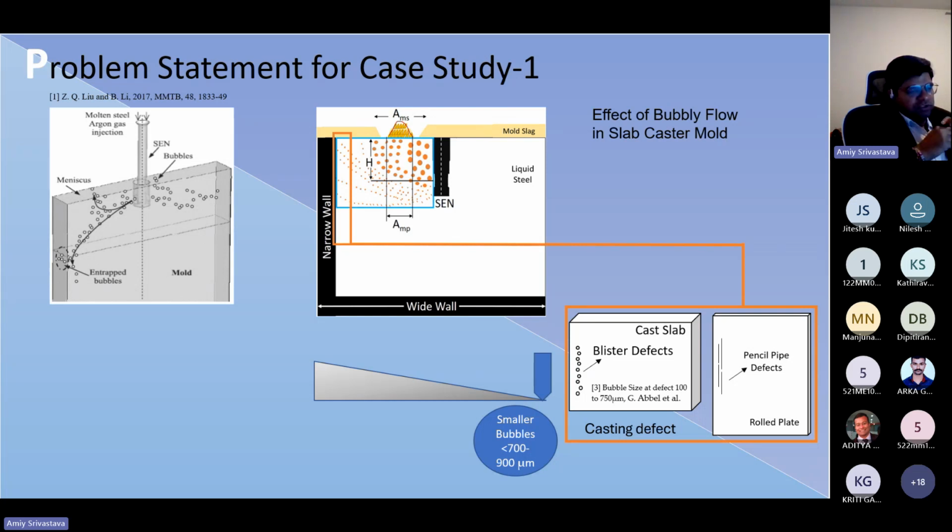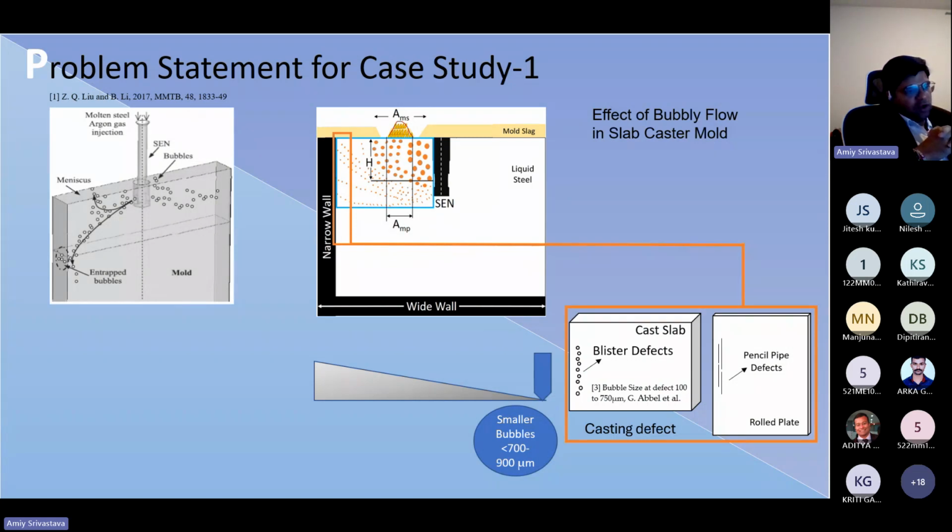Because of the inclusions, over the prolonged time of the casting operation, and these days we want to produce a sequence length of 17 or 18 heats, and maybe for a slab caster 12 or 13 heats in a row, SEN clogging is always there, and it is very difficult to avoid.